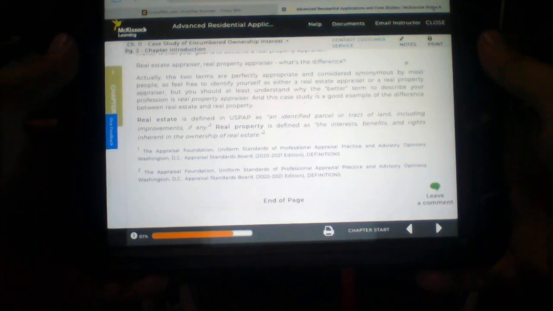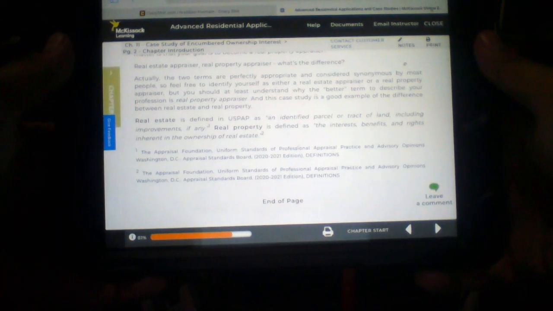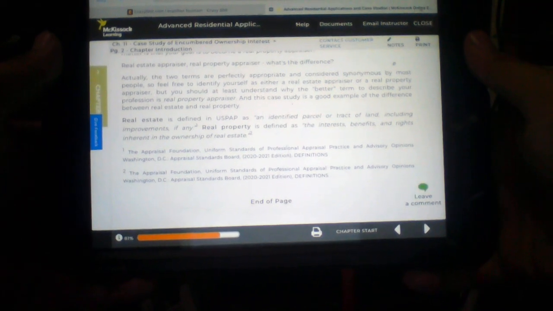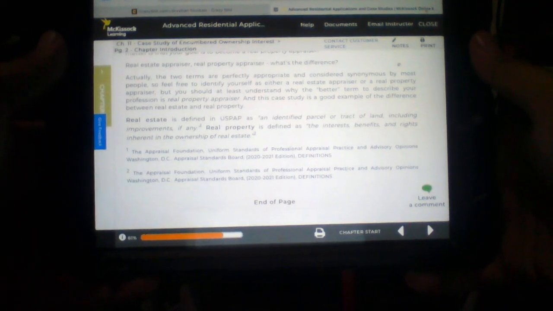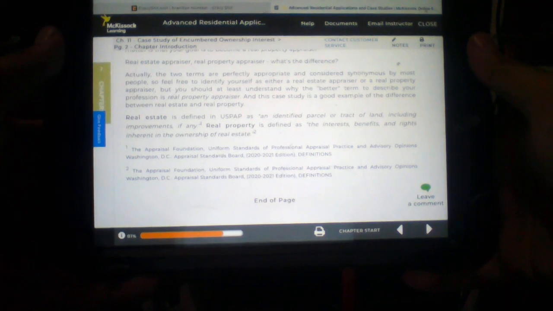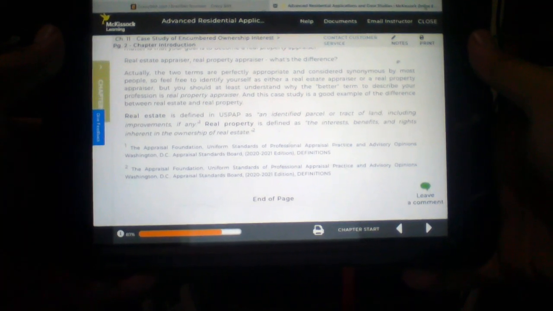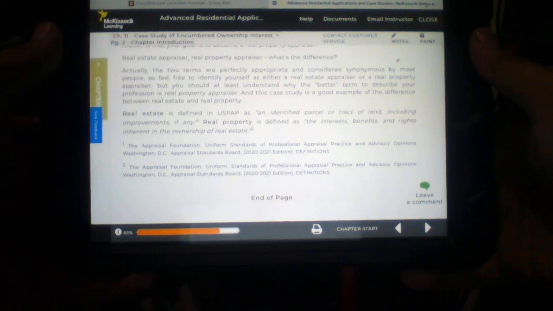This case study is a good example of the difference between real estate and real property. Real estate is defined in USPAP as an identified parcel or tract of land, including improvements, if any.